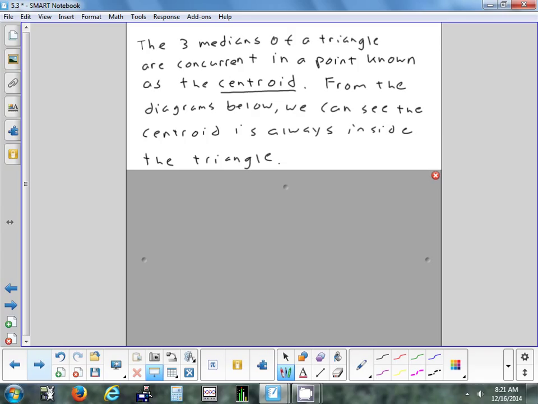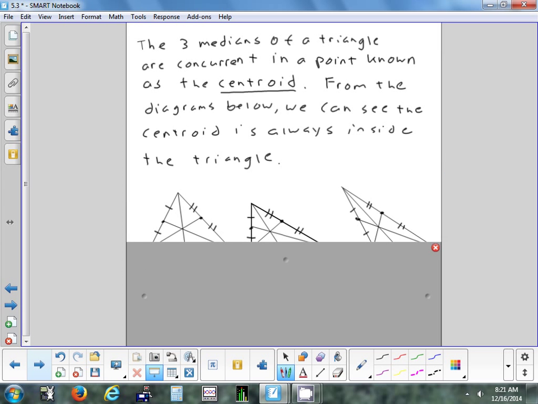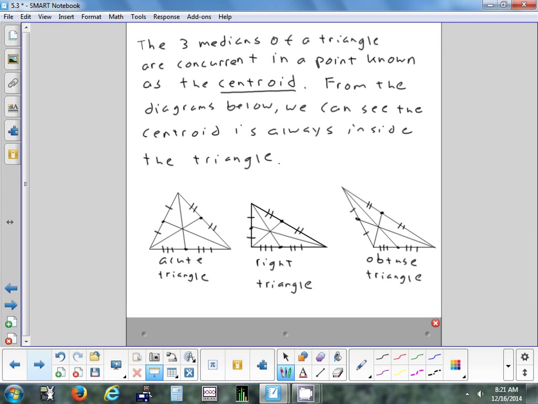I'm going to explain in a second practically what the centroid is, and then it'll make perfect sense, like, oh, of course, it always has to be inside. The centroid is a special point, like physically, on the triangle. Okay, so let's look at the three cases.